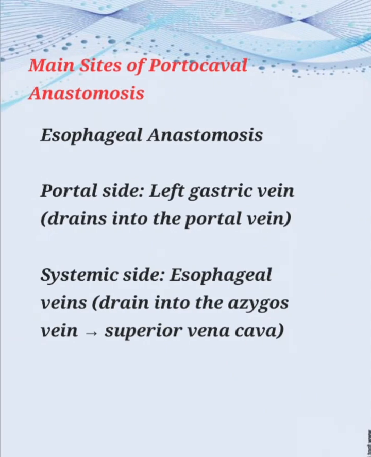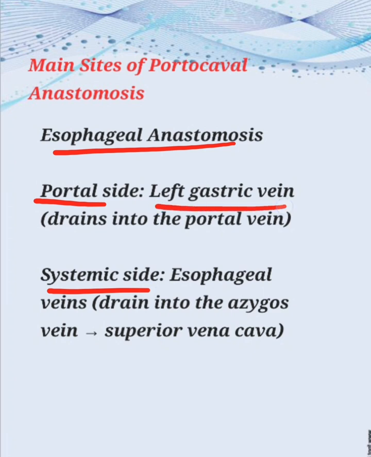Coming to the sites of this anastomosis, where all does it take place in our body? First is the esophageal anastomosis. This takes place between the portal and the systemic vein. The portal vein in the esophageal anastomosis is the left gastric vein, whereas the systemic vein is the azygos vein.